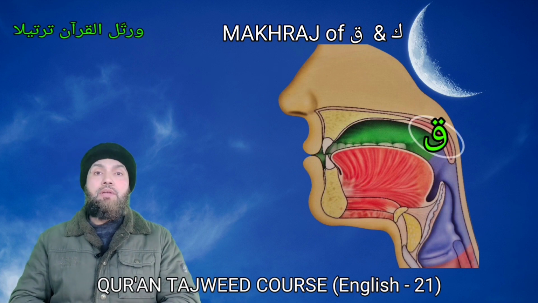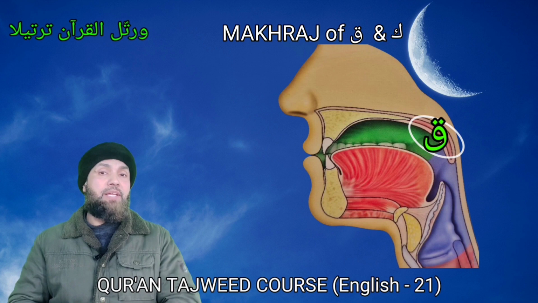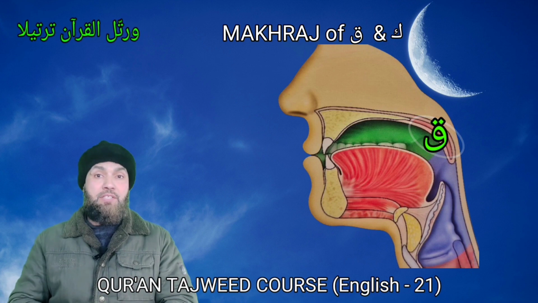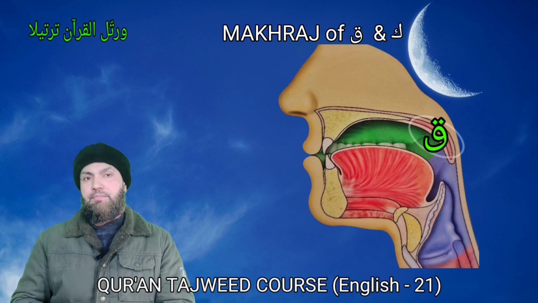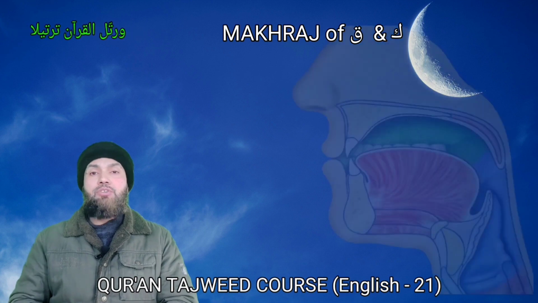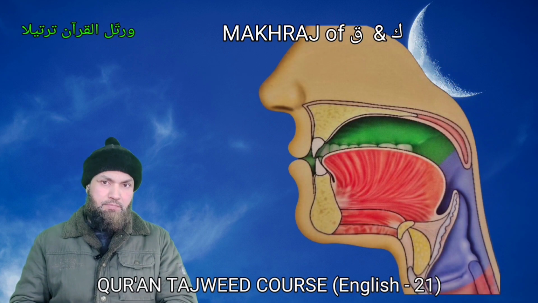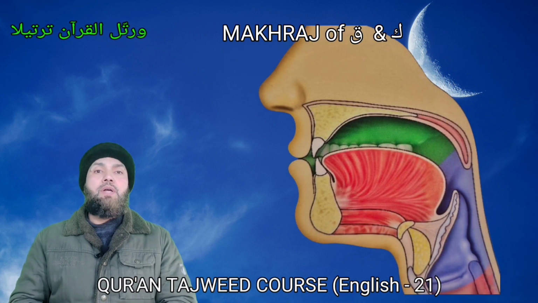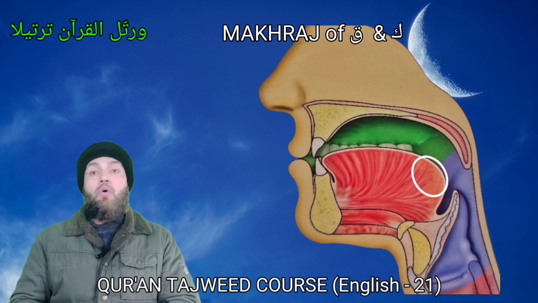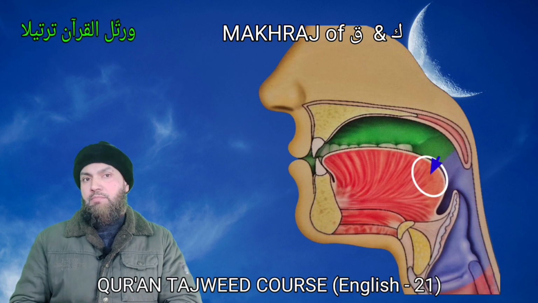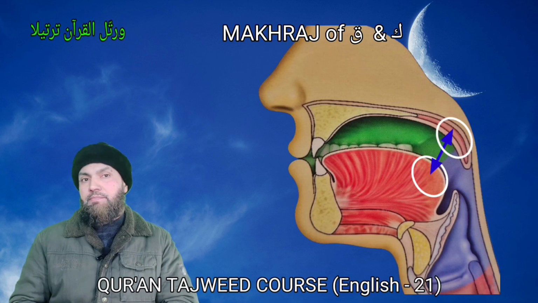This letter Qaf is also very peculiar to the Arabic language, so we have to practice it a lot to get it right. Let's see its articulation point or makhraj. It is articulated when the deepest part of the tongue or the root of the tongue touches the soft palate.